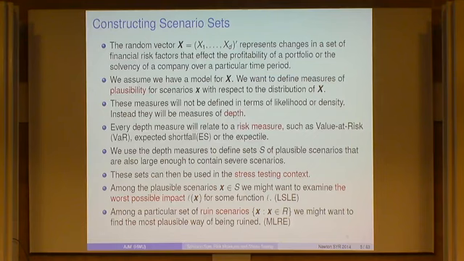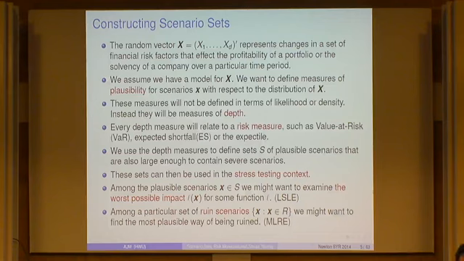And I will assume that we have a model for X. So through analysis of data, through consultation with experts, we have a model in the form of a multivariate distribution for these risk factors X, or for these changes in risk factors X. And what I will do is I will define measures of plausibility for points, small x, with respect to the distribution of big X. So I want to define measures of plausibility.